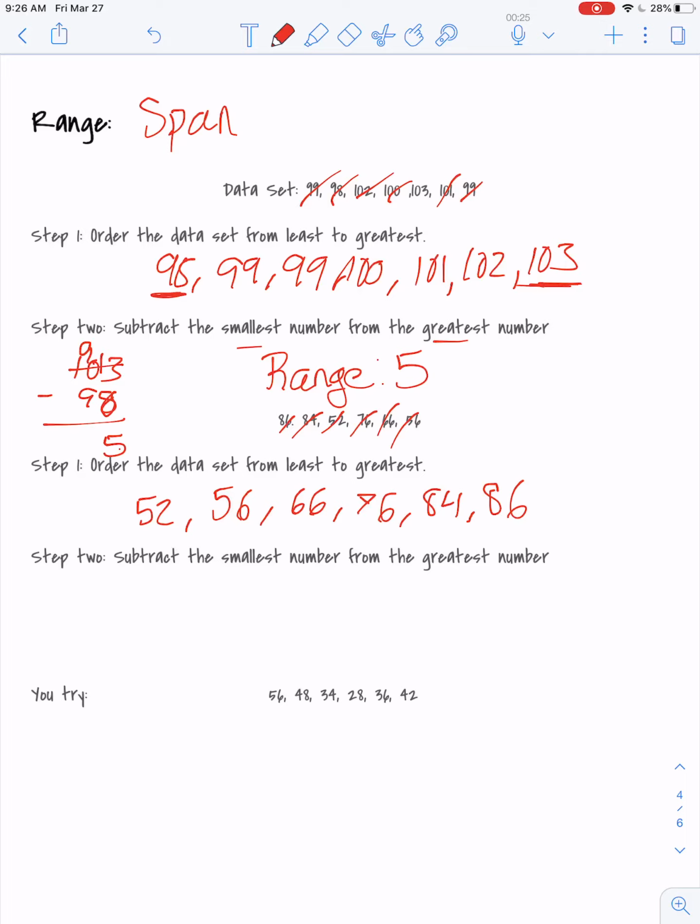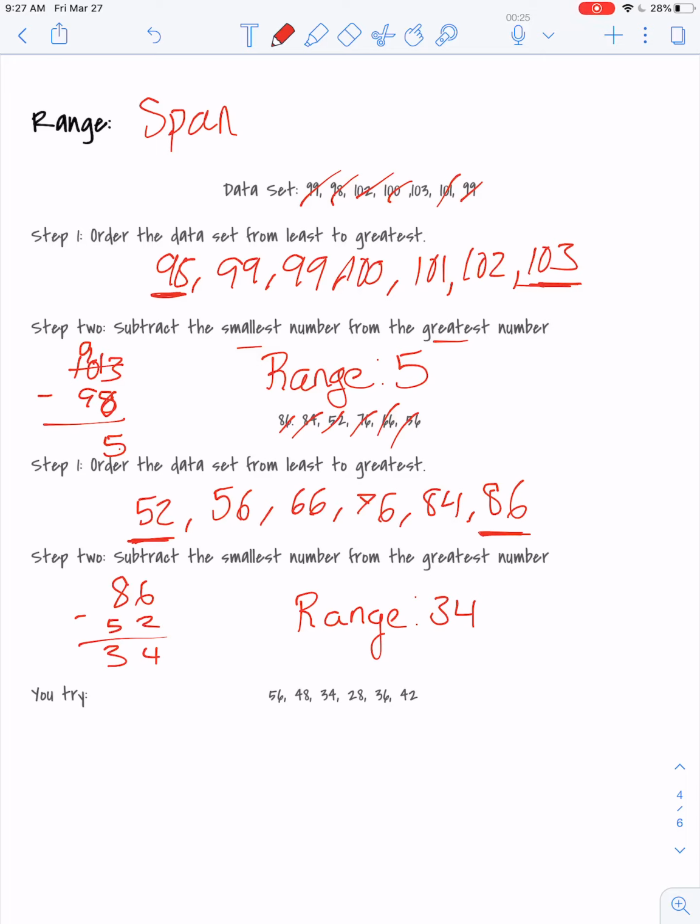So our smallest number is 52. Our greatest number is 86. So we need to take 86 minus 52. We get 34. So our range is 34.